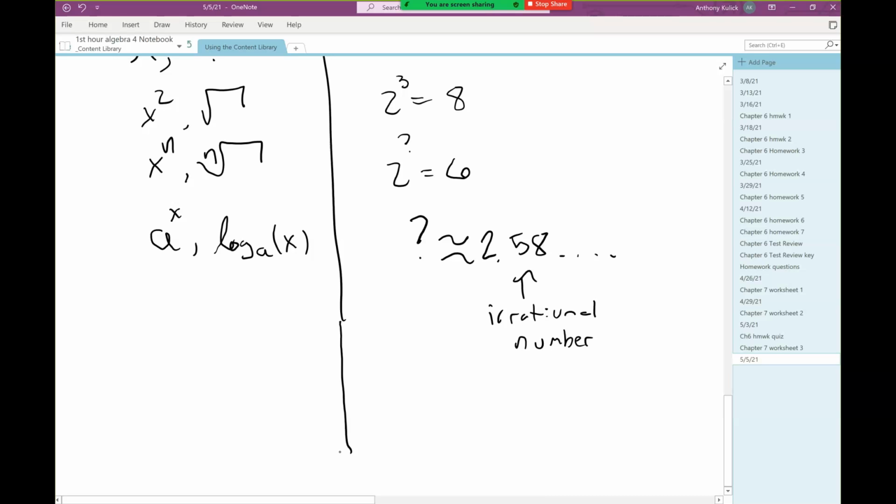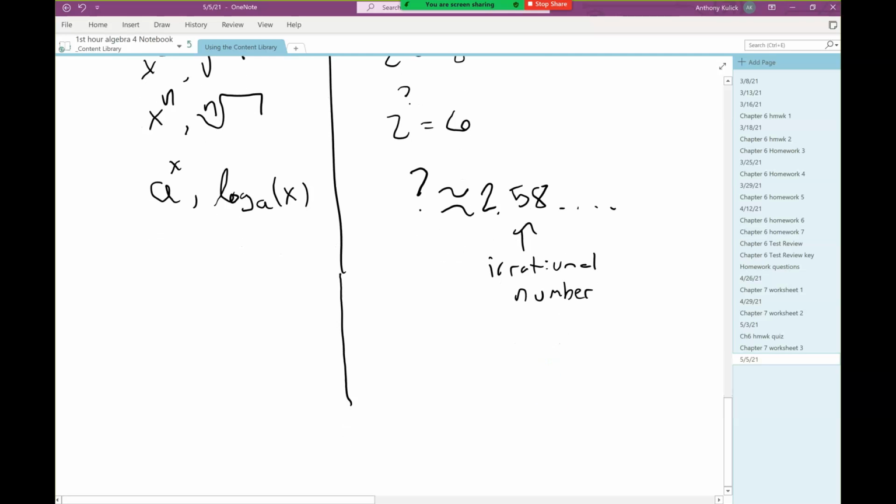These are all irrational numbers. They go on forever. Or even things like in trigonometry, the sine of 60 degrees was an irrational number. This has happened to us many times.